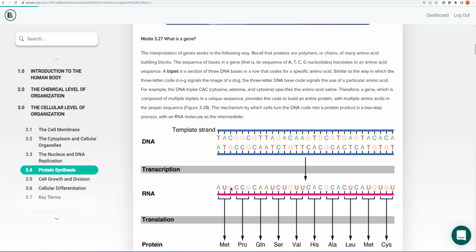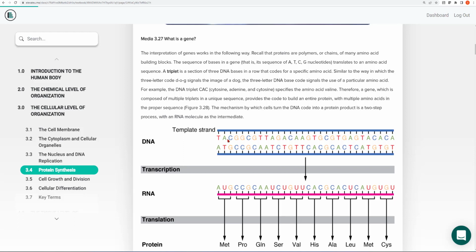Uracil, U, is only found on RNA. Backing up, T's, thymines, are only found on DNA. So that's one very distinctive difference. You can always tell if it's an RNA molecule if it contains U's. You can always tell if it's a DNA molecule, it will contain T's, and you don't find both U's and T's on the same molecule.